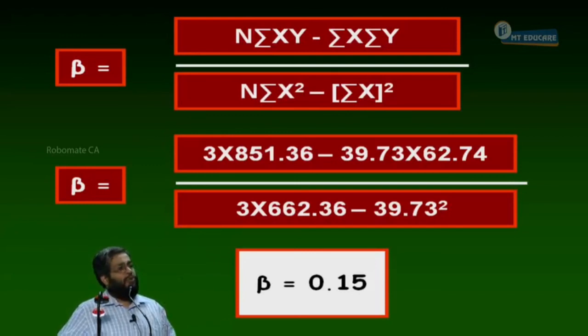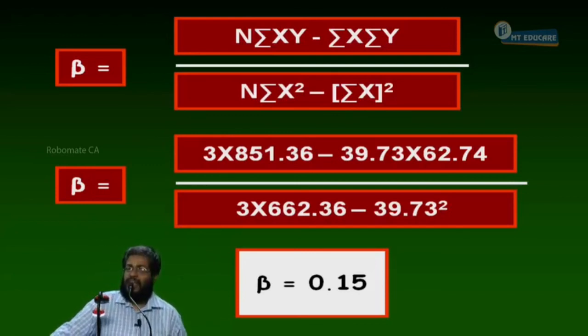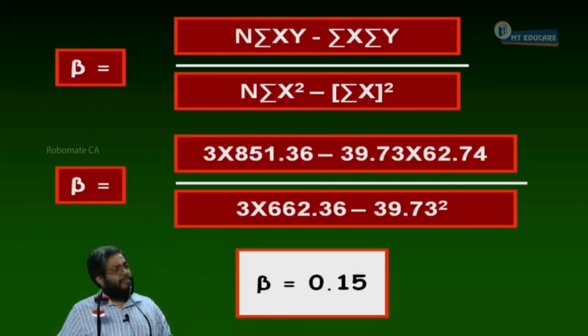Next, covariance of security and market divided by the variance of market. Next, beta is equal to sigma xy minus n x bar y bar divided by sigma x squared minus n x bar the whole square. Next, beta is equal to n sigma xy minus sigma x sigma y divided by n sigma x squared minus sigma x the whole square.